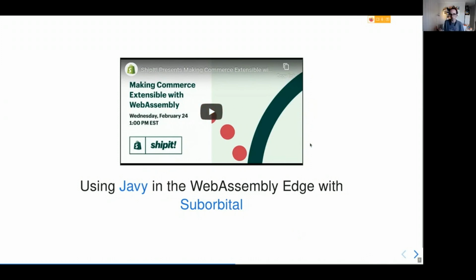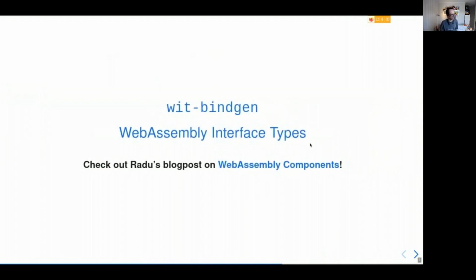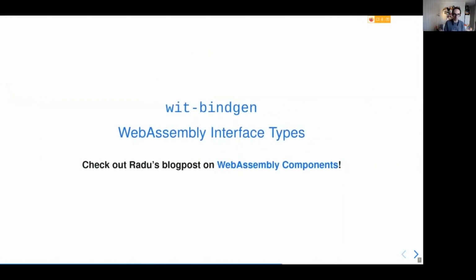And this is also what we use at Suborbital to put this WebAssembly code into our infrastructure and allow people to run JavaScript in WebAssembly by using Rust tools. Javy is already a Rust tool that I mentioned, but there is a ton of Rust tooling around the WebAssembly ecosystem that we also use.